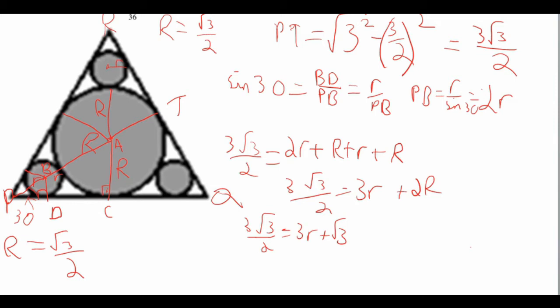This then gives us that 3r is equal to 3 root 3 over 2 minus 2 root 3 over 2. And so that gives us that 3r is equal to root 3 over 2, and so r is equal to root 3 over 6.